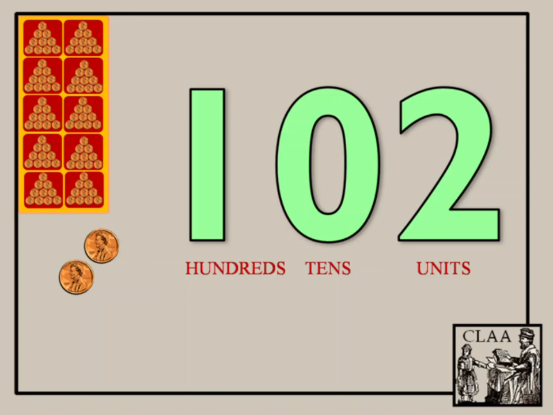So we have 102 pennies. This number is 102. To write the number 102, we write a 1 in the hundreds place, a 0 in the tens place, and a 2 in the units place.